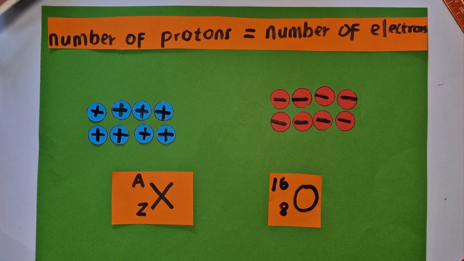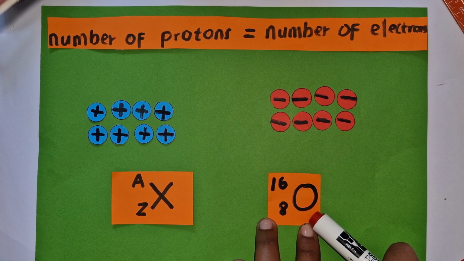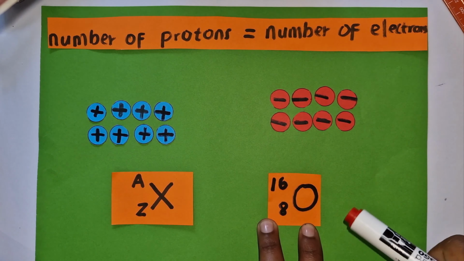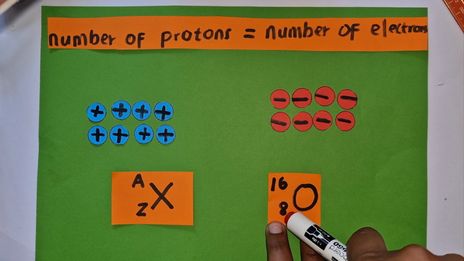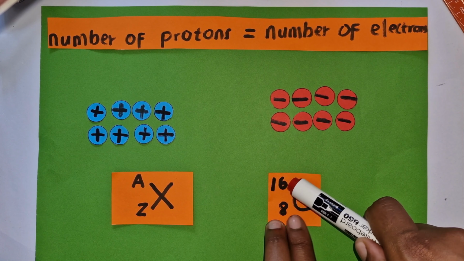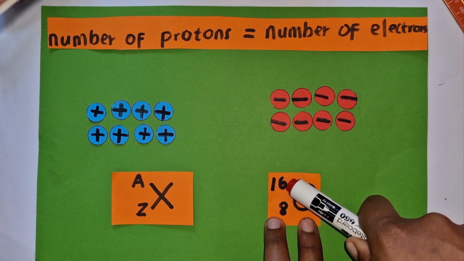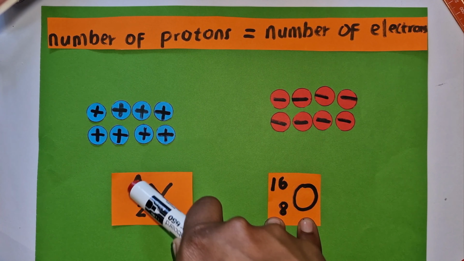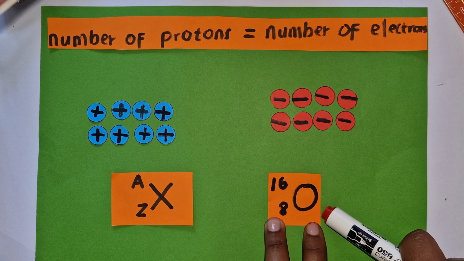Let's now move our attention to neutral oxygen. Neutral oxygen has an atomic number of 8, Z, and an atomic mass number of 16, A, and this is the symbol for it.